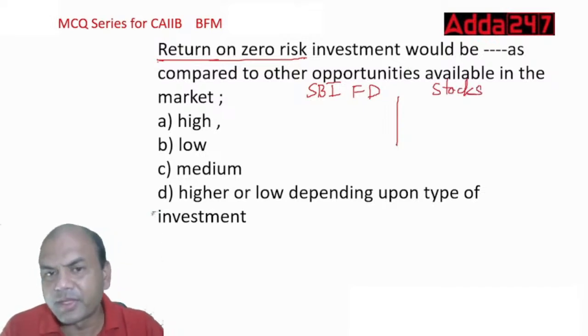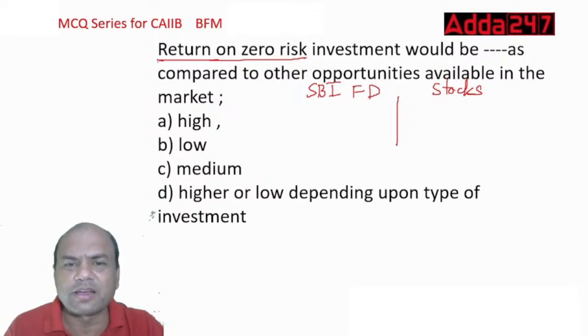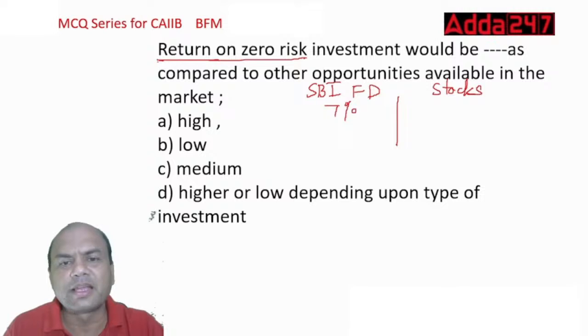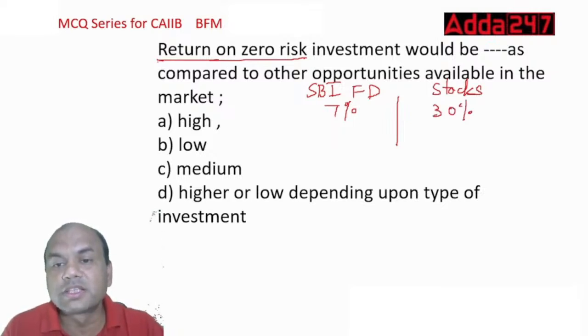What will happen? This SBI FD is safe, something like 6-7%, whatever I'll get, roughly. That is safe. But what about the stocks? These stocks might give me, let's say, 30%, or 0%, or minus 30%, isn't it? So that's why this is a riskier element.